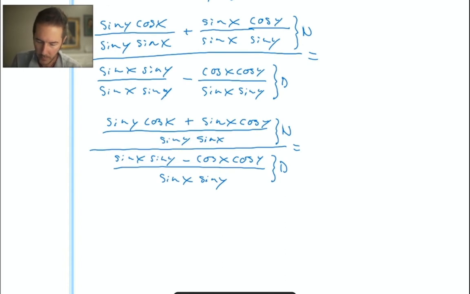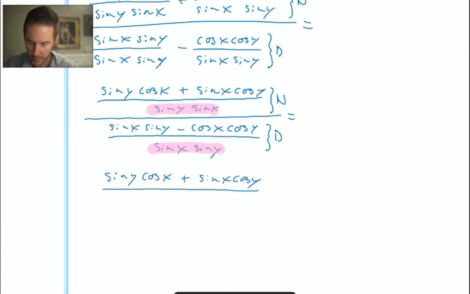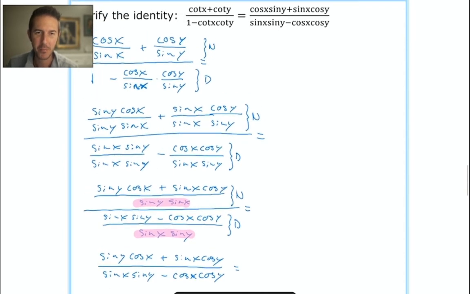And the result will be that these two will cancel out, leaving us with sine y cosine x plus sine x cosine y, all divided by the big denominator's numerator, sine x sine y minus cosine x cosine y. And my hope is, I wasn't looking, I haven't cheated. My hope is that that's the same as the right-hand side.